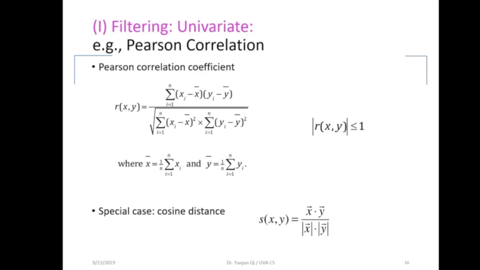If your x vector's mean is 0, and y's is also 0, then the Pearson correlation is exactly cosine similarity.